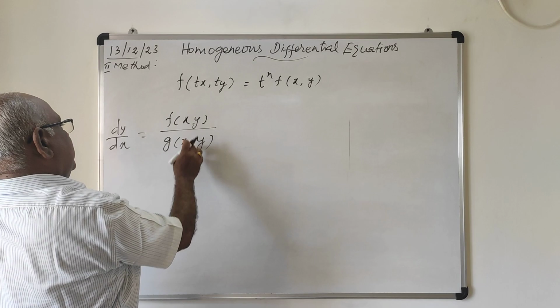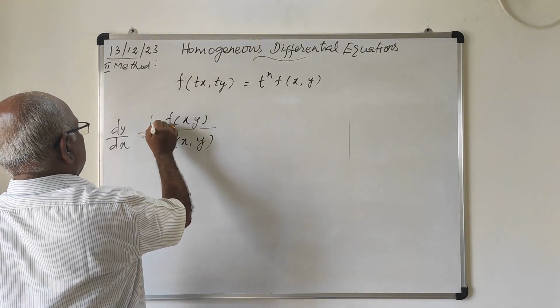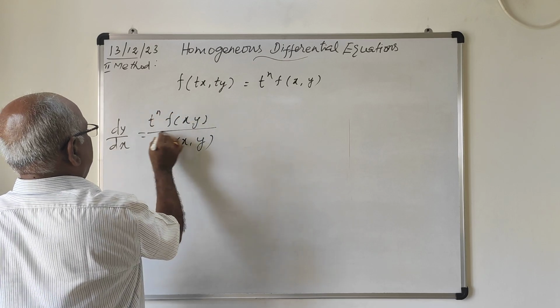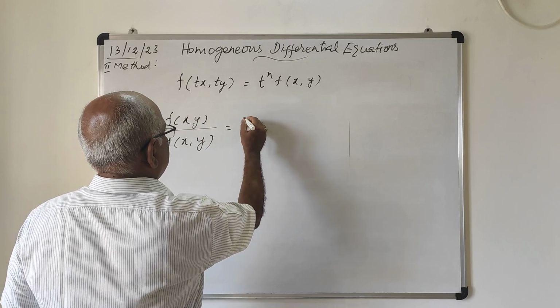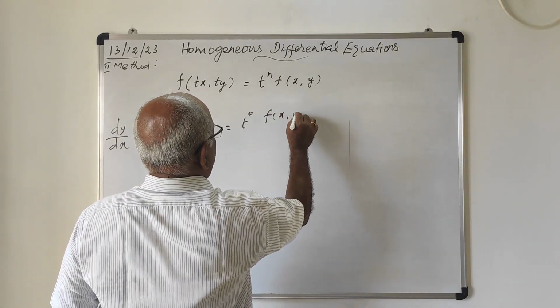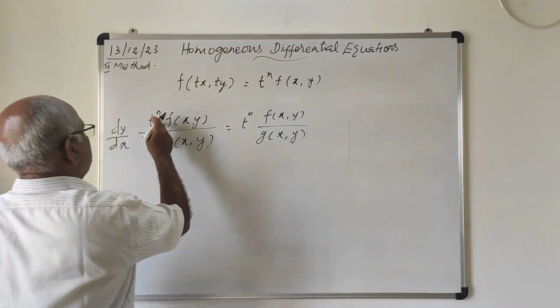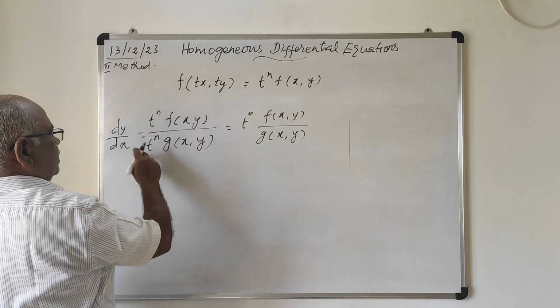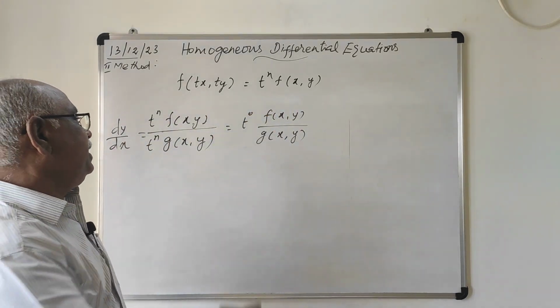Both numerator and denominator are of the same degree, suppose t power n and the denominator also t power n. So this can be expressed as t power 0 into f of x, y by g of x, y, since t power n by t power n is t power n minus n, that is t power 0. So this is a homogeneous equation in x and y of degree 0.